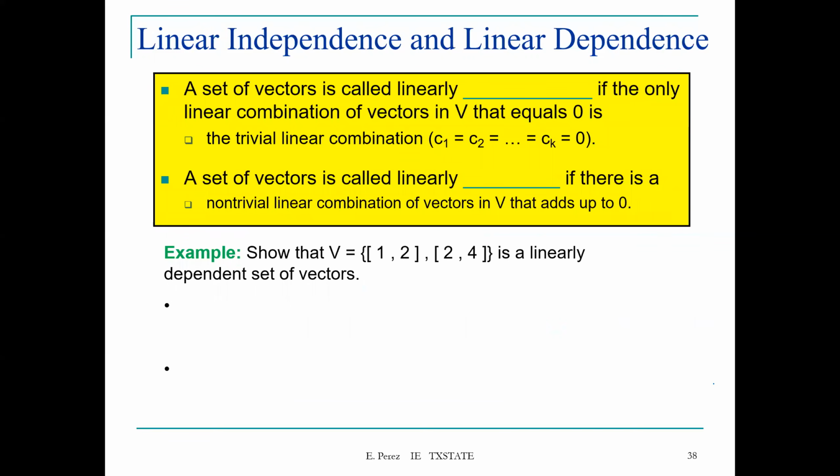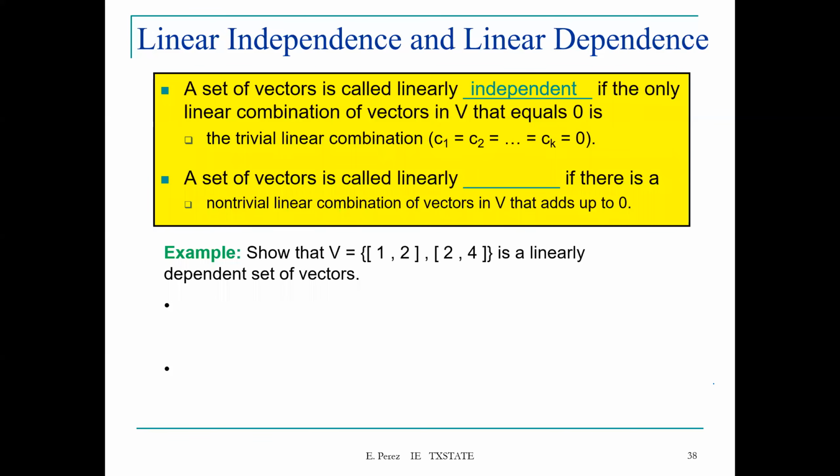A set of vectors is called linearly independent if the only linear combination of vectors in V that equals 0 is the trivial linear combination of having all arbitrary coefficients or scalars equal to 0.